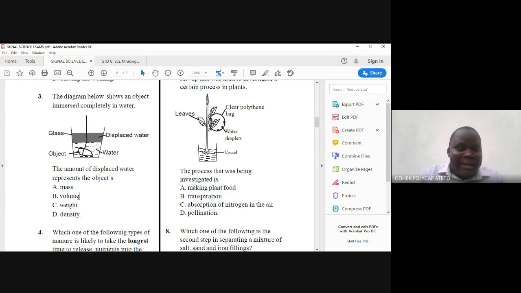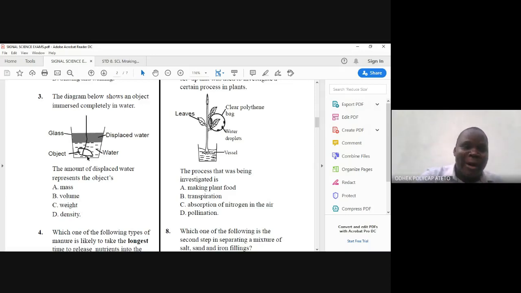But if I have a stone in my hand, I cannot tell how many centimeters cube it is. So what I will do is take that stone and put it in water, and that stone is going to displace some water. The water that is displaced is what we refer to as the volume of the stone.